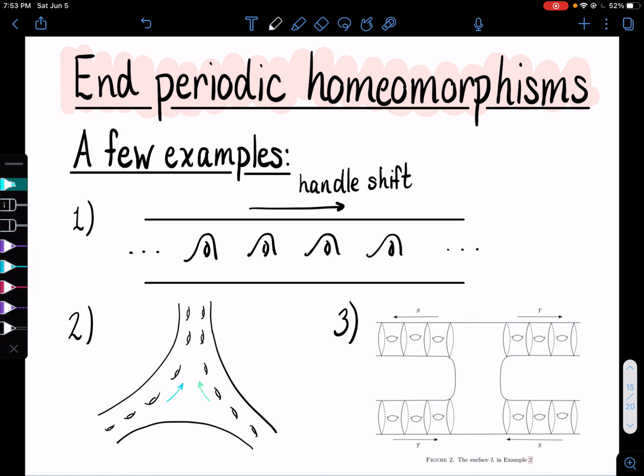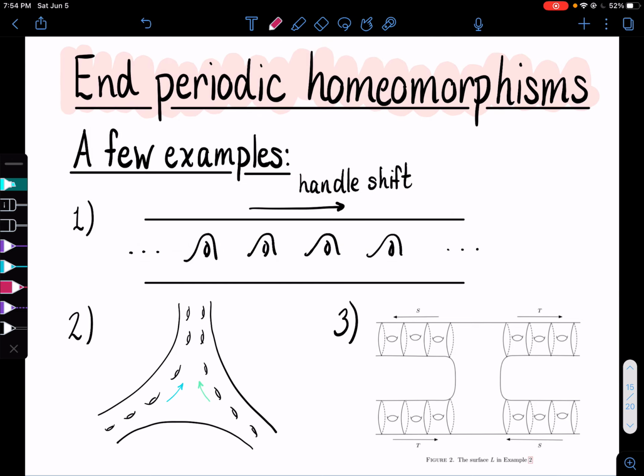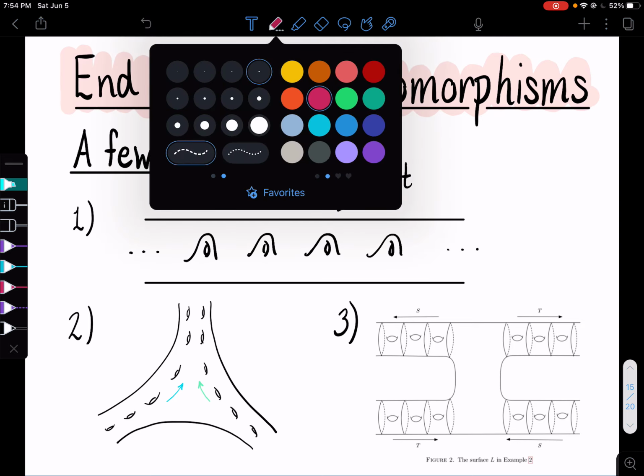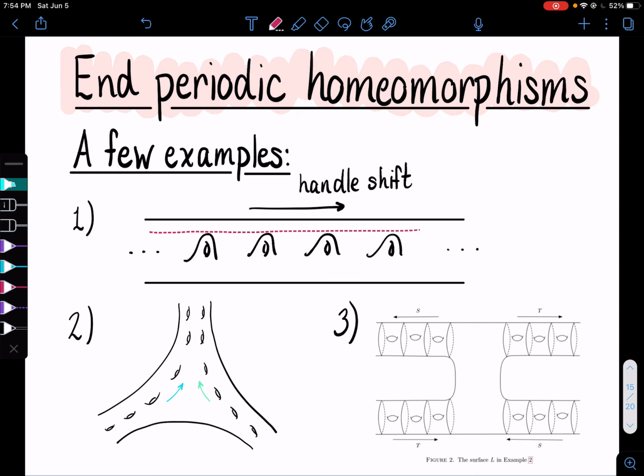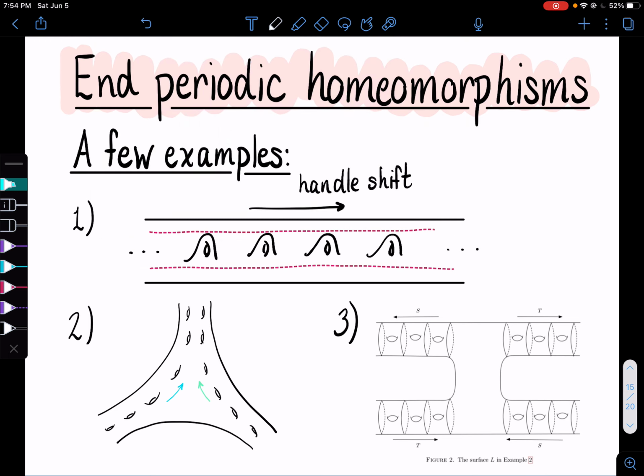Okay, and we can think of these handles as living on this infinite strip. Okay, so here's my boundary of my strip. And my handle shift is going to be exactly taking these handles and moving each one over to the right. But I want to taper to the identity on each of those arcs. Okay, and so this is going to give me an action where I'm moving everything over to the right, and I'm shifting everything away from the left.